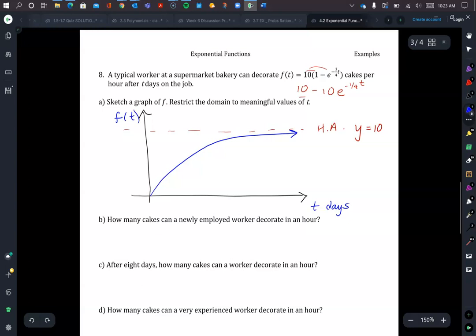I'll pause, and maybe you could try it and then check. And then you can use the formula to answer these questions. You might reference the graph for the last one here, but just go ahead and try it, do it like classwork, and then check back.